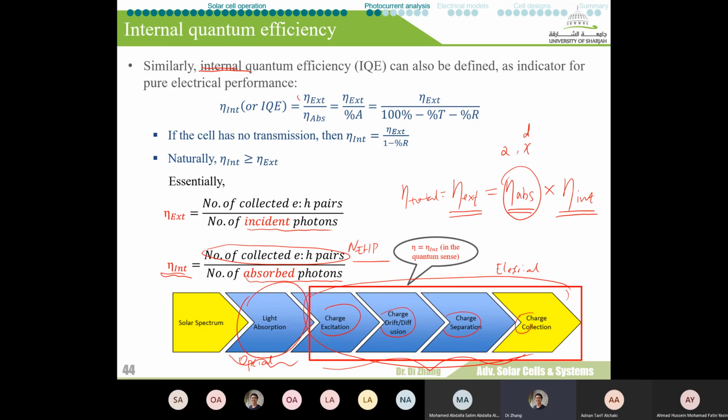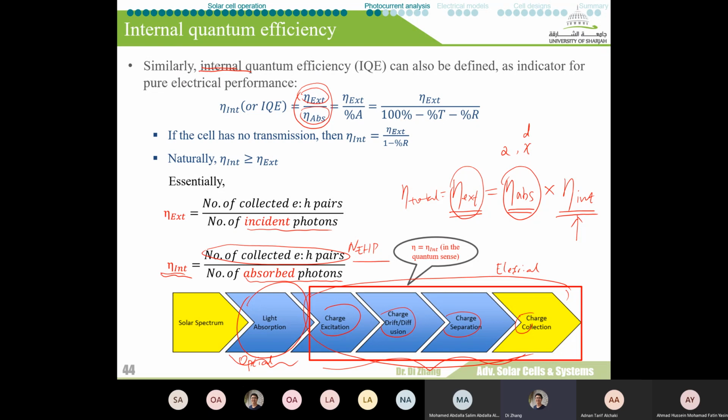And then from here, whenever you have the external quantum efficiency and the absorption efficiency, you can find the internal quantum efficiency. That will give you a pure electrical performance indicator, which is essentially what we are writing here. The internal quantum efficiency, if you want to calculate it, you can use the external divided by the absorption efficiency.